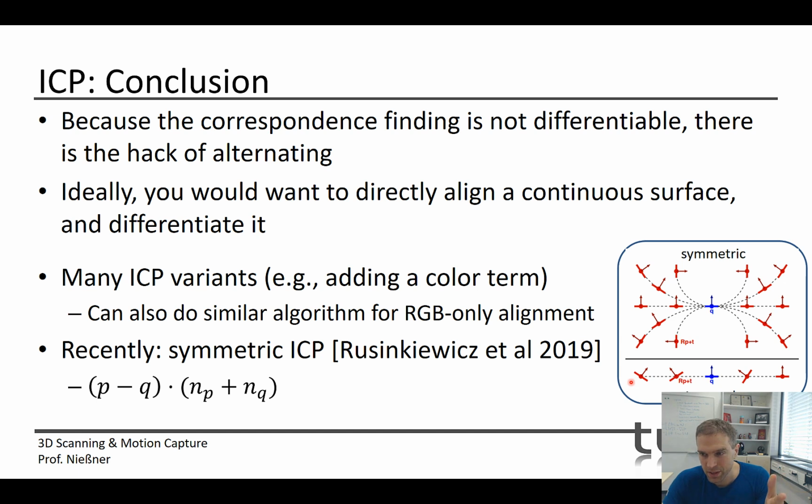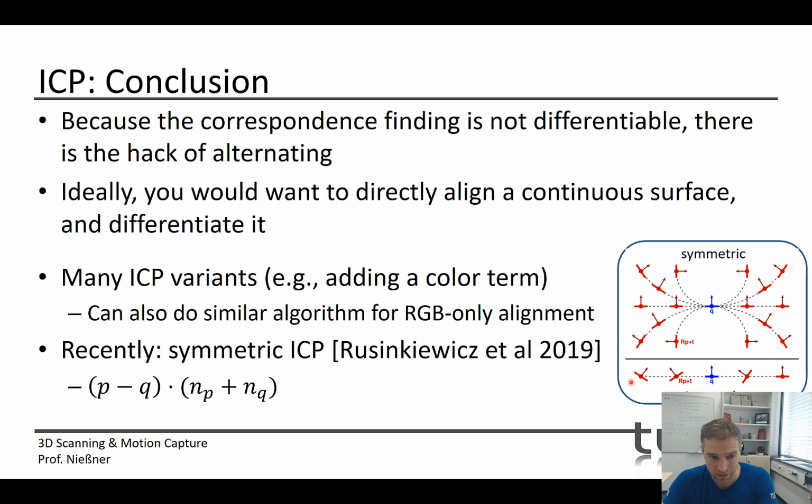Continuous surface approximations are not so easy to find. That's why this differentiable version is not so easy. There are a few people who tried to do this by sampling and then differentiating through it. Not so straightforward though. Might be some cool stuff for related work. That's also very related to what people do with neural networks right now in deep learning. So that's something maybe to keep in mind there. There are many ICP variations. Adding color terms.